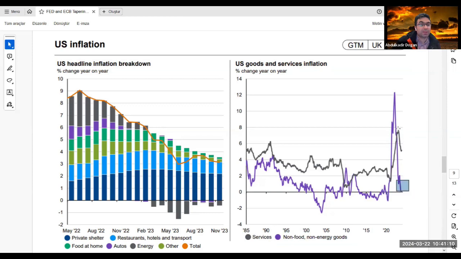So today, we are only speaking about the services inflation in the United States. Goods inflation is nothing. It has evaporated. Normally, goods inflation was really high, 12% one year ago, but today it is melting. But what is happening? There is still sticky pricing in housing and services sector inflation in the United States.